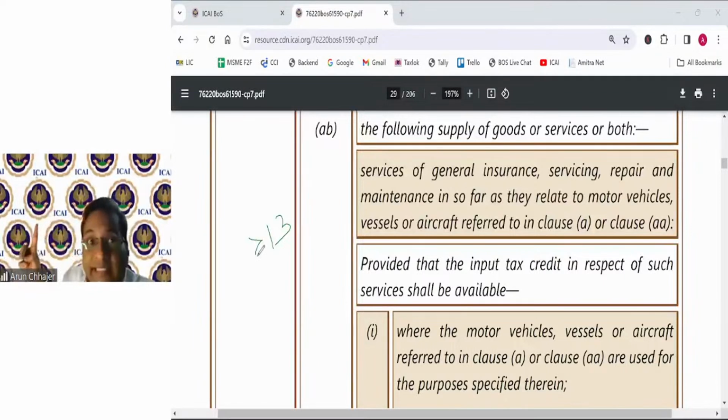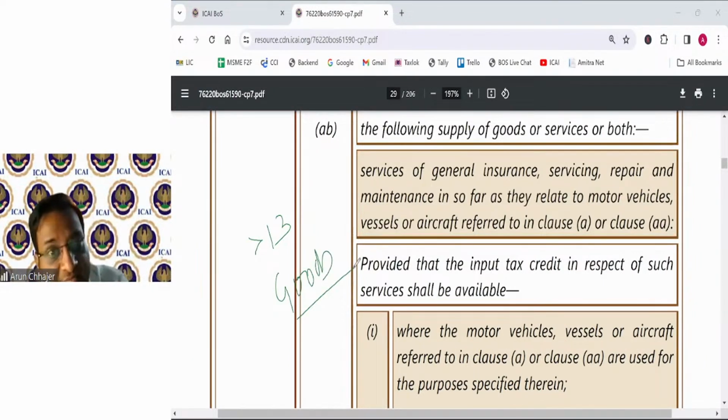So you can take the ITC of repair, maintenance, etc. If the vehicle ITC is allowed, you can take the ITC of the repair and maintenance also. I talked about if the vehicle is being used for the transportation of goods, whether ITC is allowed. The answer is yes, ITC allowed. You can take the ITC of repair, maintenance, etc.